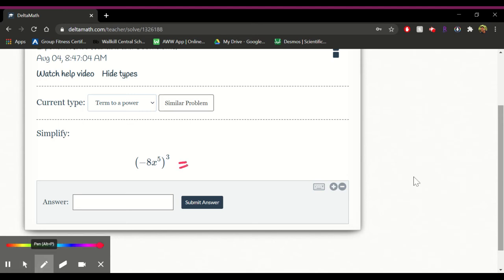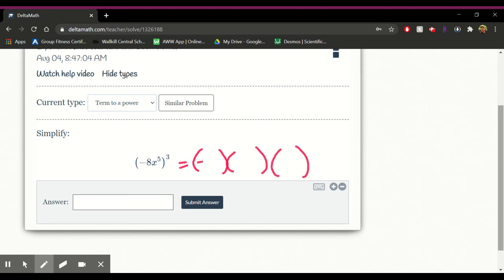This one is 3 times, so you have to write it out 3 times. So you have negative 8x to the 5th, negative 8x to the 5th, and negative 8x to the 5th.